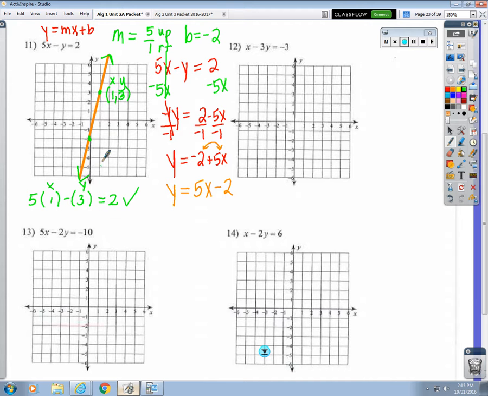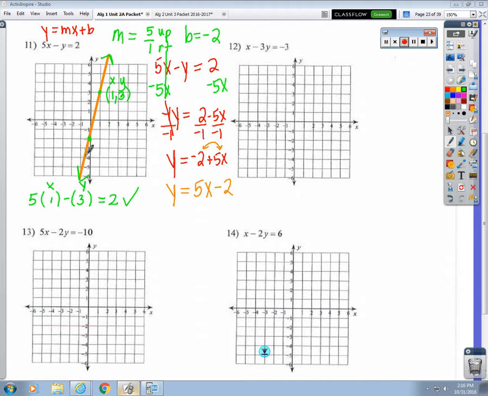They're all solutions. Even these that are decimal values, when plugged in, if you had the exact point, it would make it equal 2. So it's that this entire line, every single point on it, is a solution. Not just the 2 we plotted.